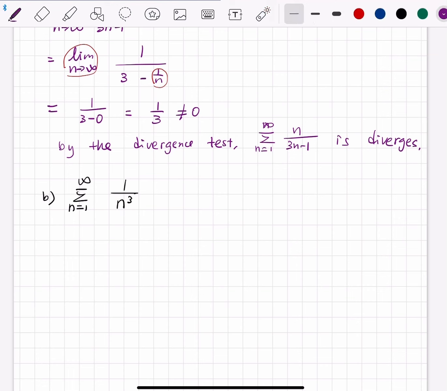If we plug in the infinity, we will end up with 1 over infinity cubed, which is going to be 0. And when it's 0, we cannot say anything. So the divergence test is inconclusive.